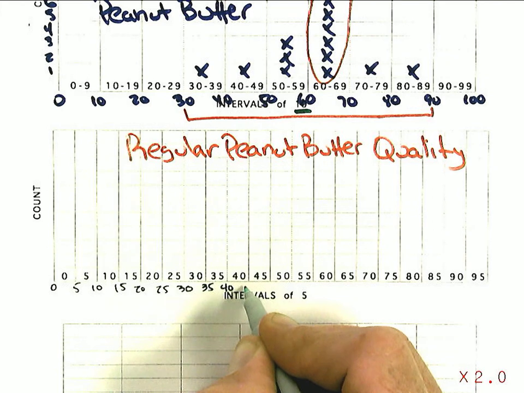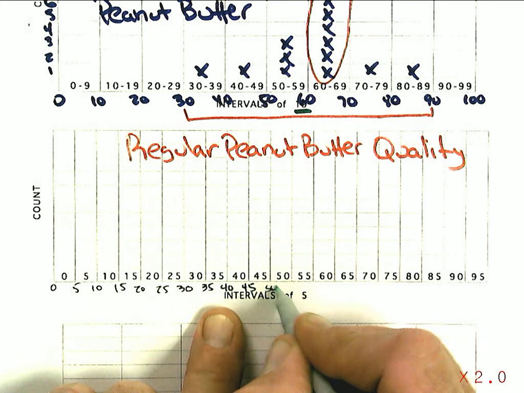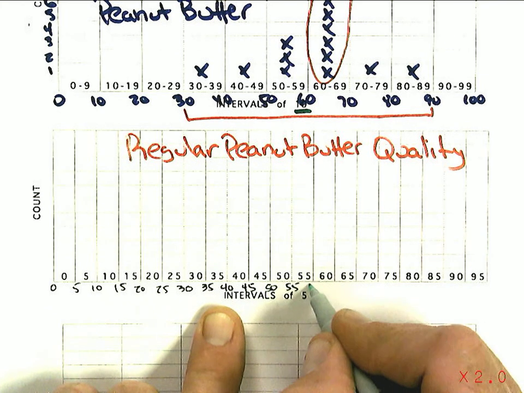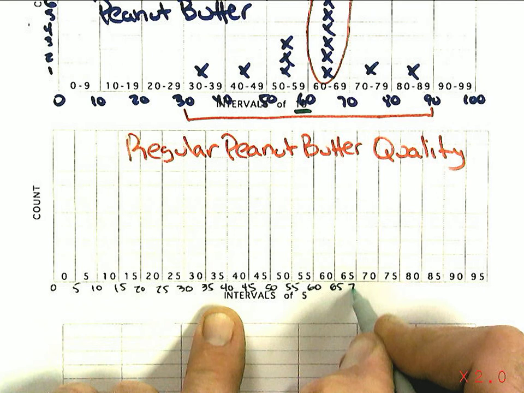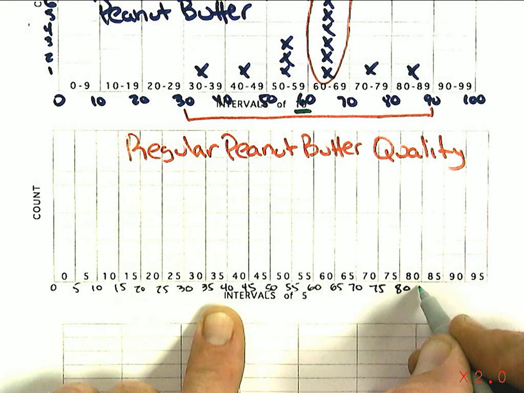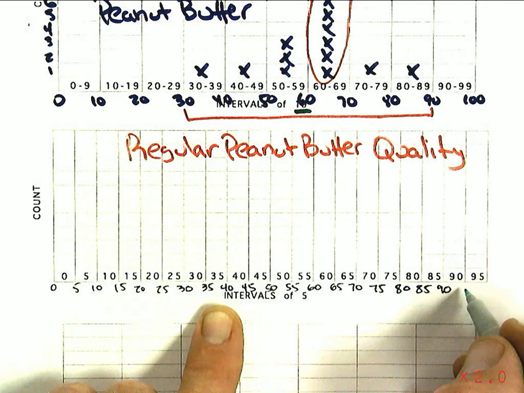I'm just going to put in these interval numbers on the lines where they start. So again, you can see the intervals are intervals of 5. And in just a moment we'll pull the data in here and start charting it on the chart.